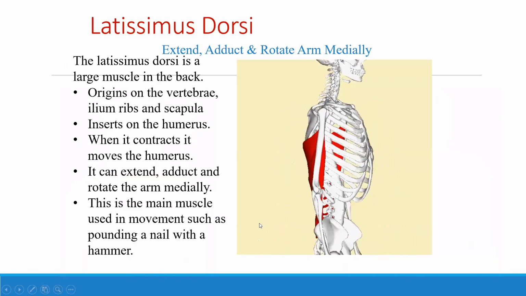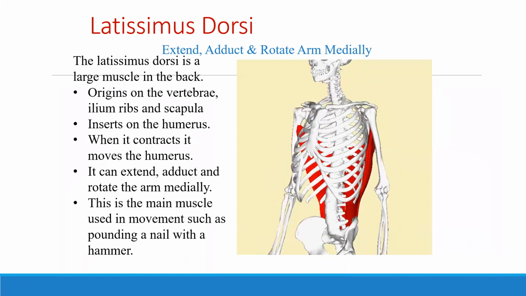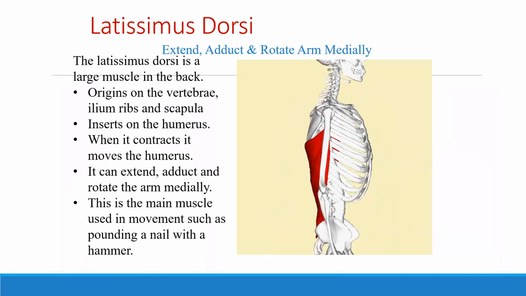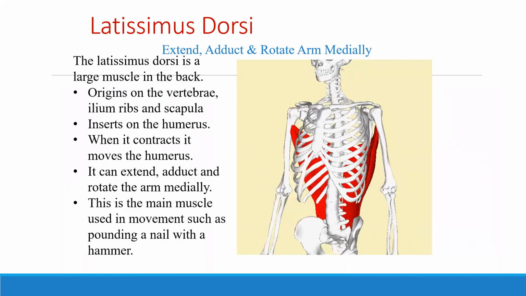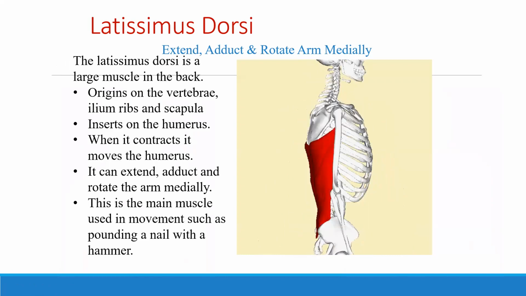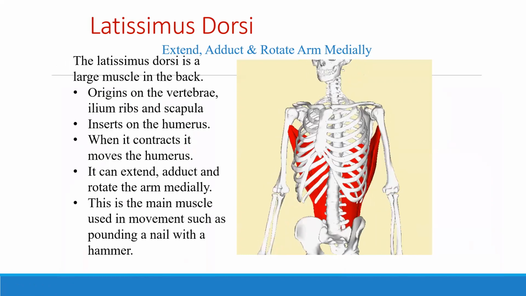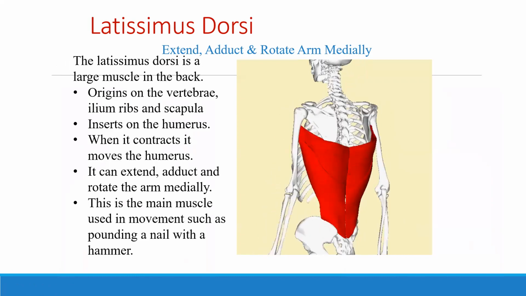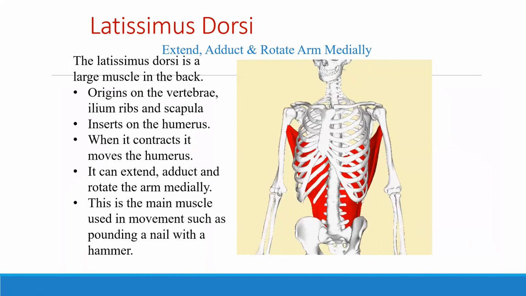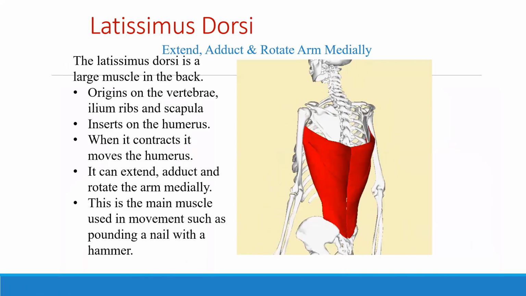Now, latissimus dorsi is even larger. It's found below the trapezius. This is a very powerful muscle. It inserts itself on the humerus. It gives us great strength. For example, this is our working muscle. We drive nails using a hammer with this muscle, an overhand swing to pound a nail, to chop wood.